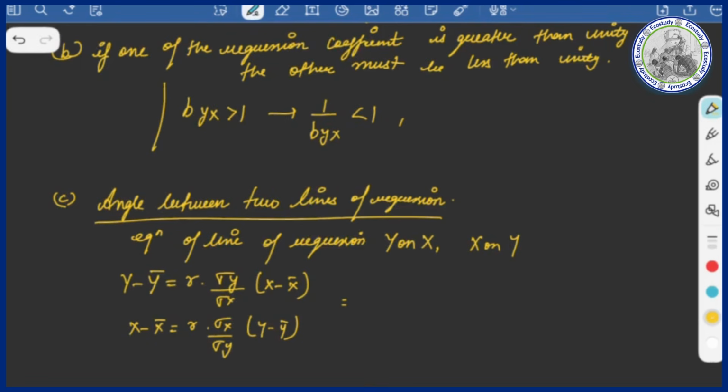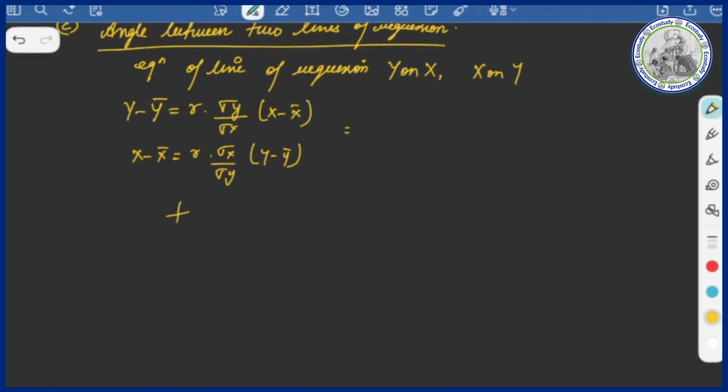How will you find the angle between them? You remember in class 12 we use tan theta.